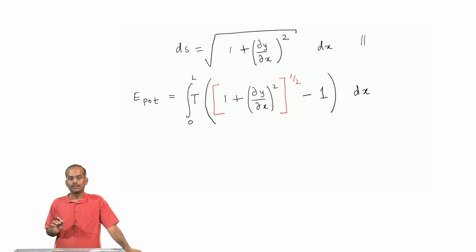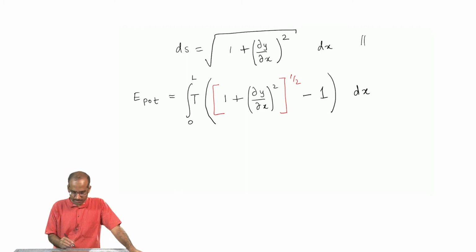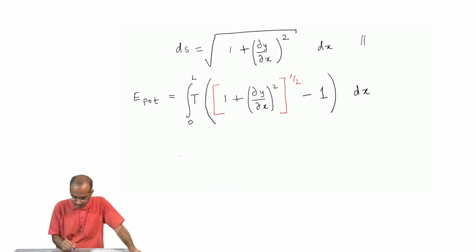So, I can simplify this further, again within the ambit of small oscillations, when I say that dou y by dou x is small enough, in which case the quantity inside these red brackets would become the following.